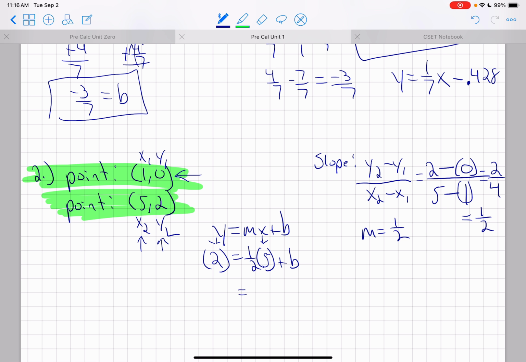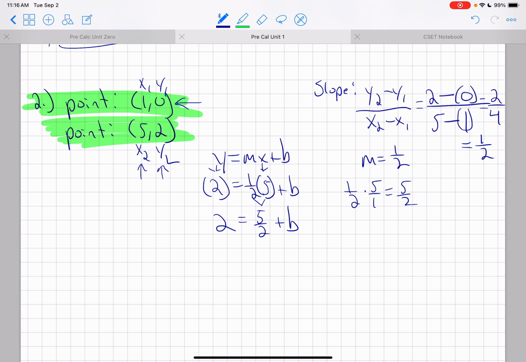Let's see what happens. So here I end up with 1/2 times 5 over 1, which is 5 over 2. So I end up with 5 over 2 plus b equals 2. And all I got to do to solve for b is, again, 5 over 2, if I don't like the fractions, 5 divided by 2 is 2.5.